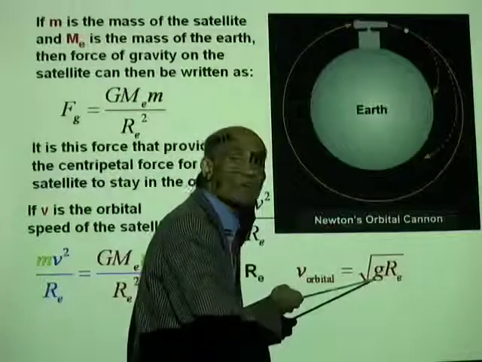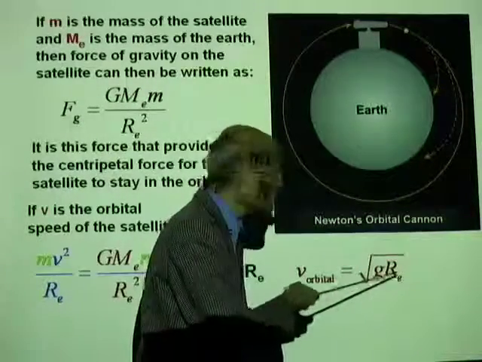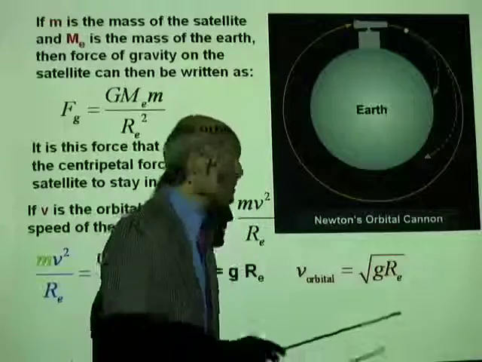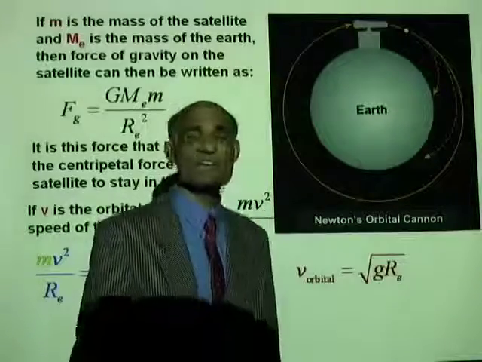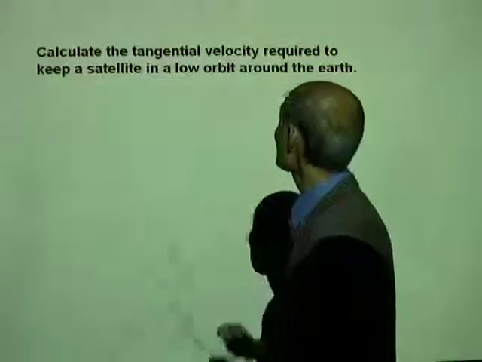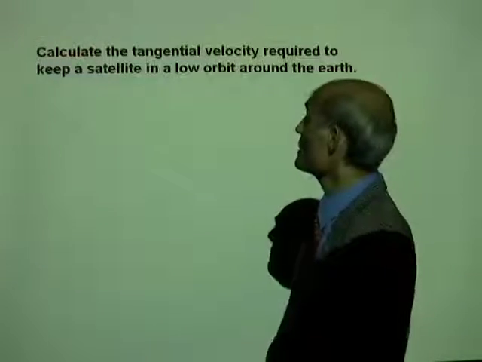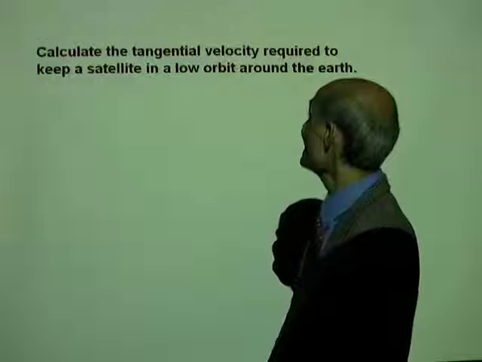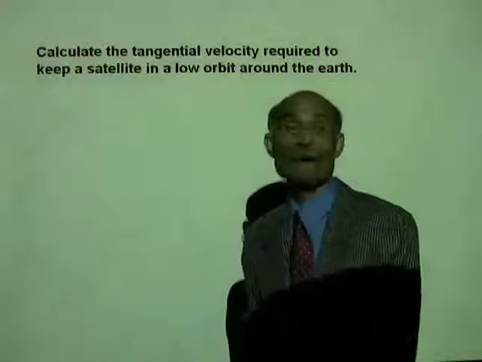We know the value of g on the surface of the Earth. We know the radius of the Earth. Therefore, we can calculate the orbital speed, the tangential velocity required to keep a satellite in a low orbit around the Earth.